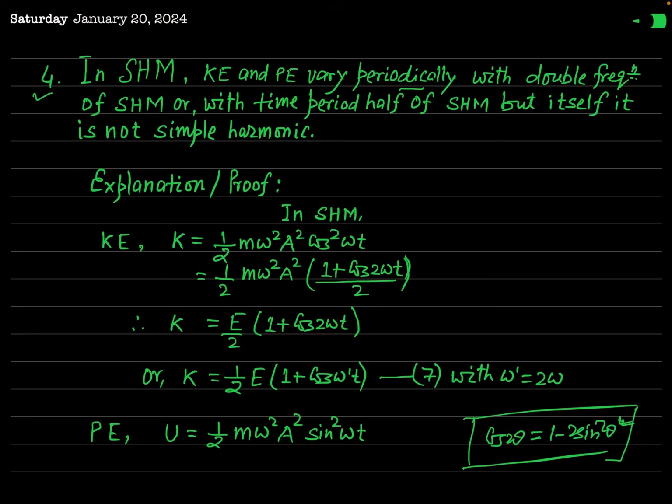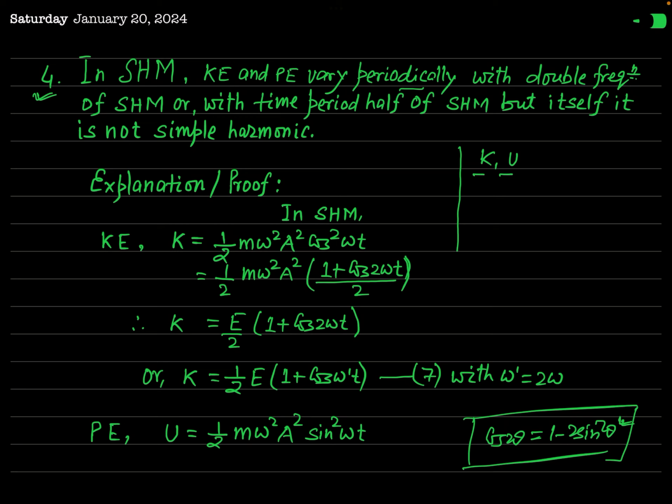Now we are going to see a very important fact regarding this simple harmonic oscillator by energy consideration. When an oscillator performs simple harmonic motion and you calculate its kinetic energy and potential energy as a function of time, you can see that both the kinetic and potential energy of the oscillator vary in a periodic manner with time.